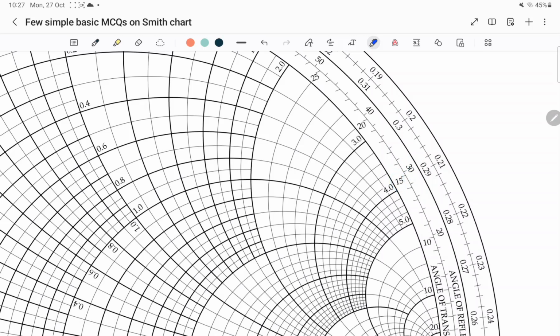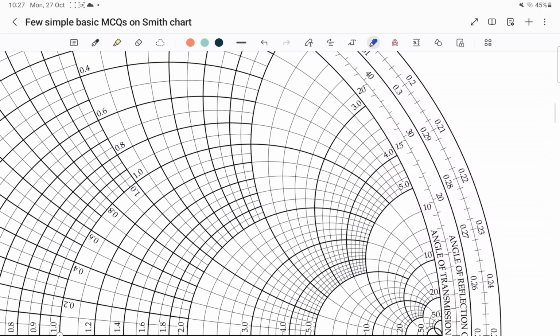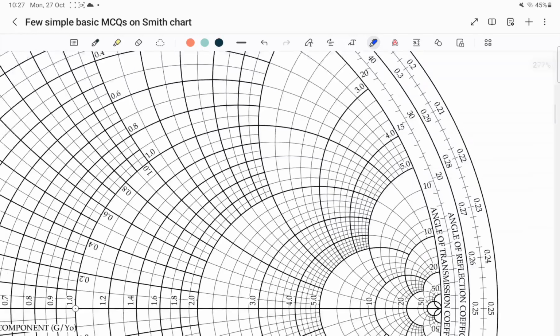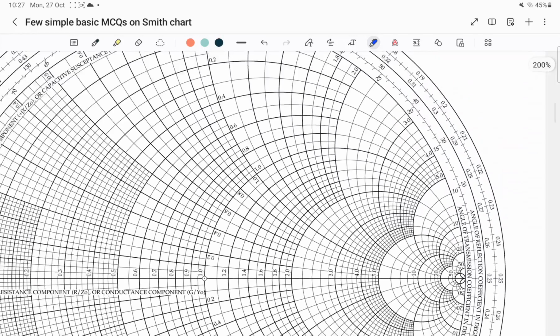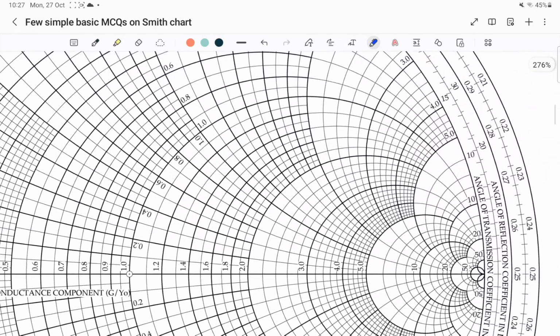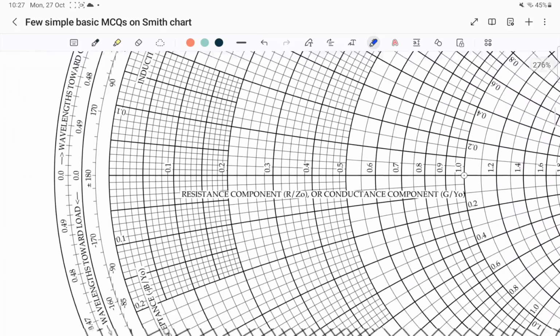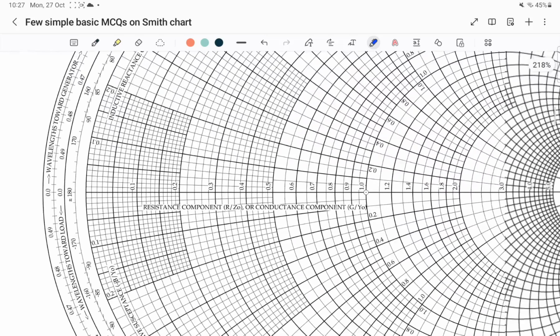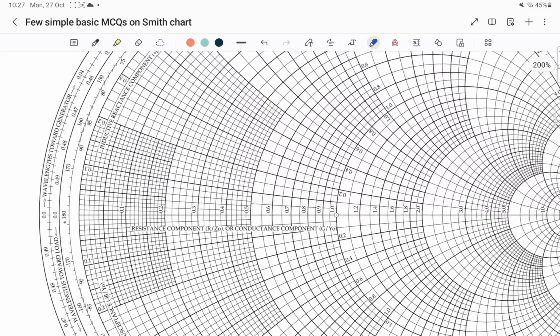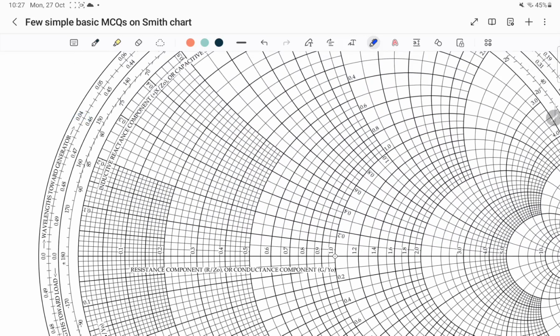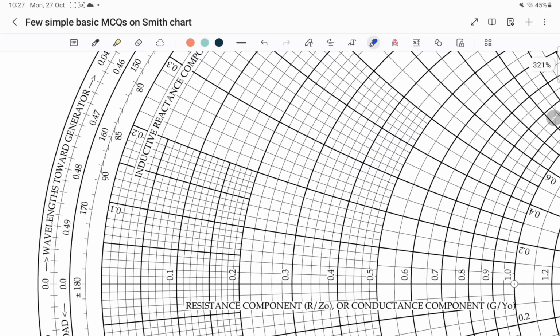Now let us see one by one what these measurement scales are. If you go to the extreme left of this Smith chart, this topmost measurement scale says wavelength toward generator. Let me zoom it further.